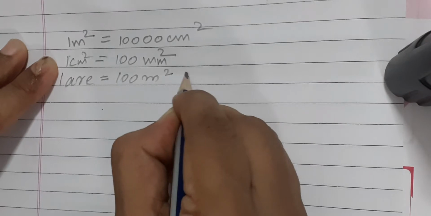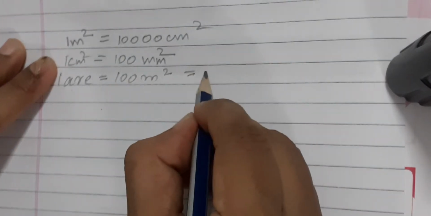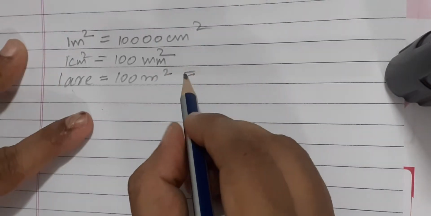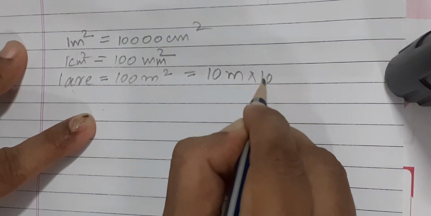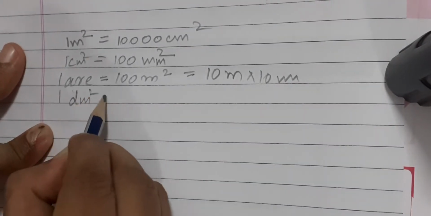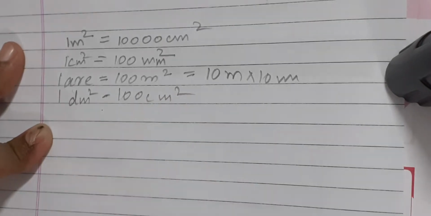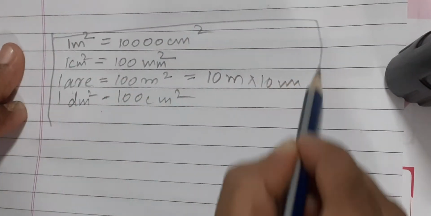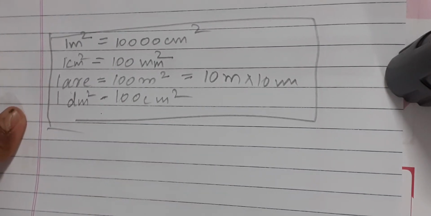You may have heard this one. 1 are is 100 meter square, that means 10 meter into 10 meter. Like that, 1 decimeter square is equal to 100 centimeter square. These units of area you have to learn well, while solving the problems we will use this.